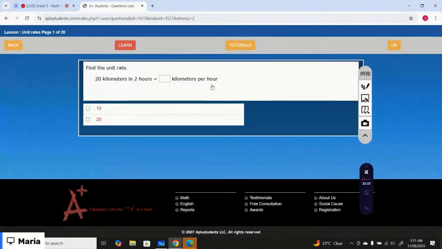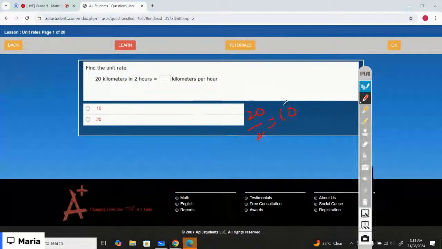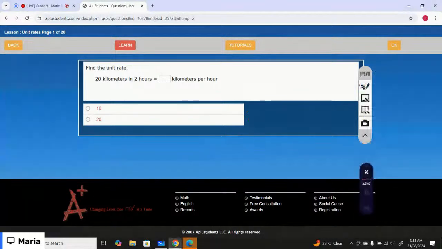Because you need to calculate the rate for one thing, and what you are given is 20 kilometers in 2 hours. 2 times 10 is 20. That means that is 10 kilometers per hour. Option number 1 is the correct option. Got it?